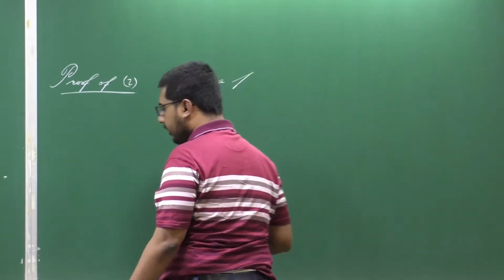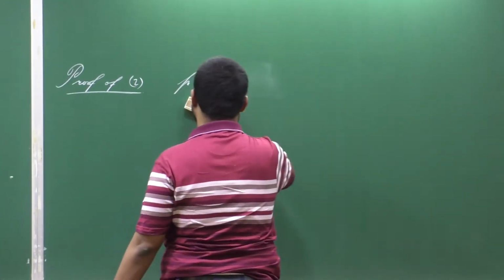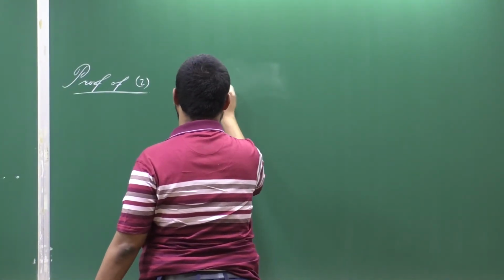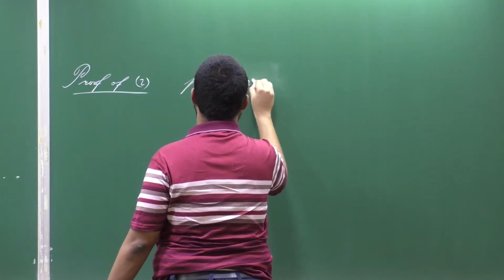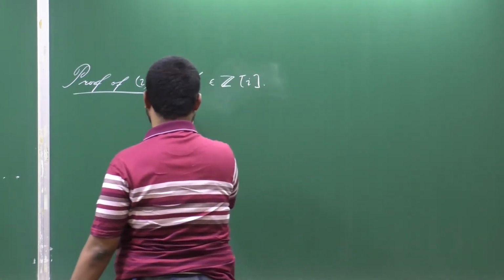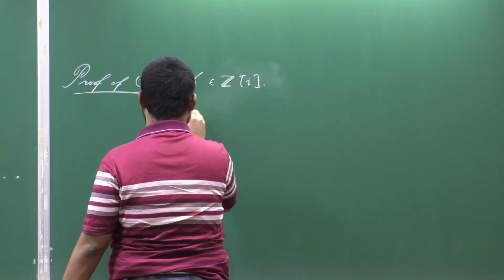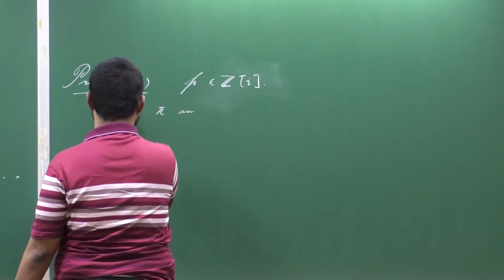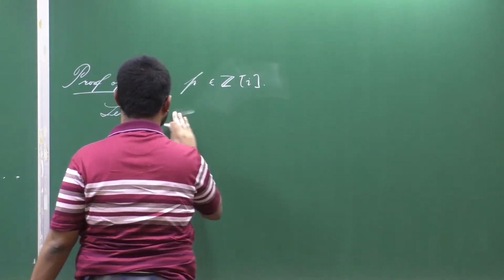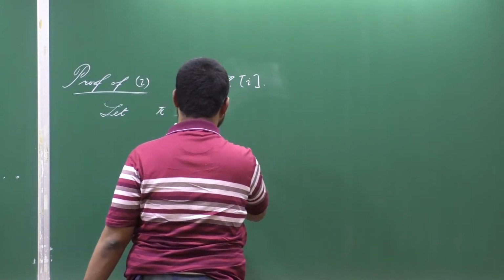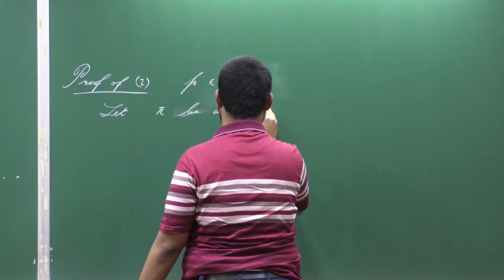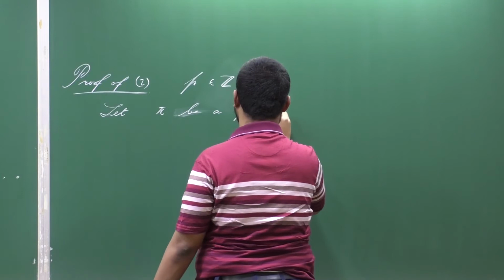So, what we do is let us regard p inside Z[i], and consider pi, an irreducible. Let pi be a prime or irreducible divisor of p.